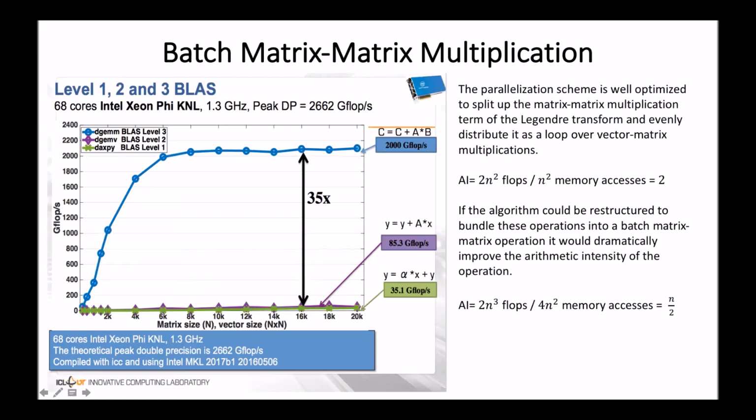Now, if you can back that out and parallelize over the matrix multiplication, you can dramatically increase the arithmetic intensity. So a batch matrix multiplication would be, well, it is a parallelization of the matrix multiplication. So we're not doing one giant multiplication, but rather several small batches, if that makes sense.